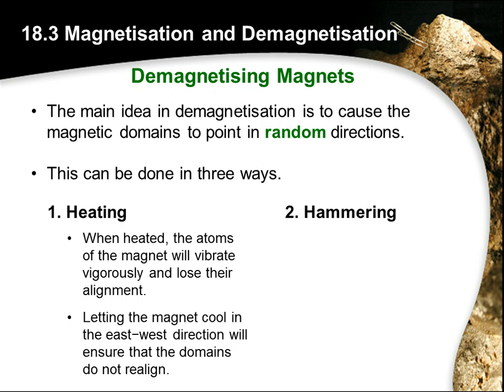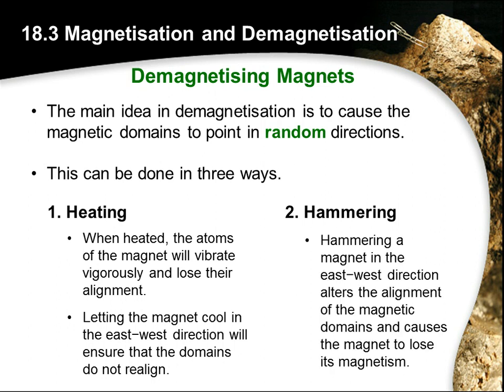Next, you can hammer the magnet, because when you hammer, there's some movement of the domains, and this alters the alignment, and the magnet loses its magnetism. Again, it's recommended that you do this in the east-west direction, so it will not automatically align back to the north side.